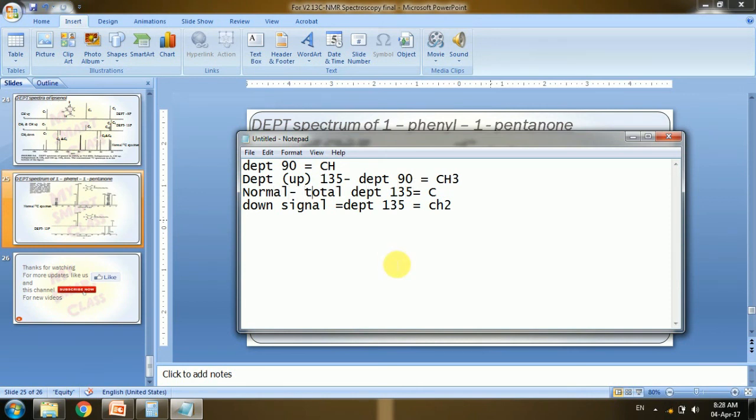This is the normal 13C NMR, and the total means positive, up and down, the summation of both up and down signals of DEPT 135. This difference will give you the number of quaternary carbons, and the downward signal of DEPT 135 gives you the number of CH2.